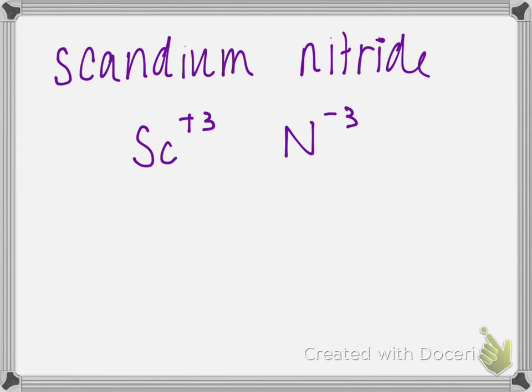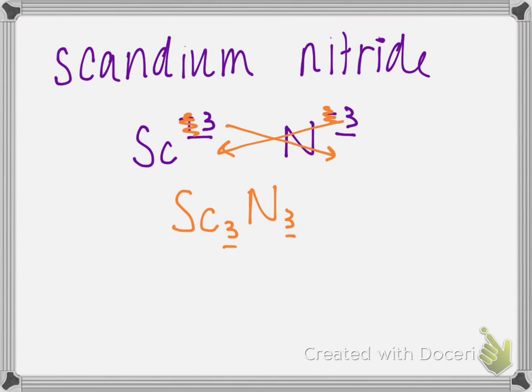We can see right away that they go together 1 to 1, ScN. Or we can crisscross. We take the plus and minus away. We end up with Sc3N3. And so we see since both of them have 3s, we need to reduce them down to ScN. Right? It's almost like we're dividing both of them by 3.